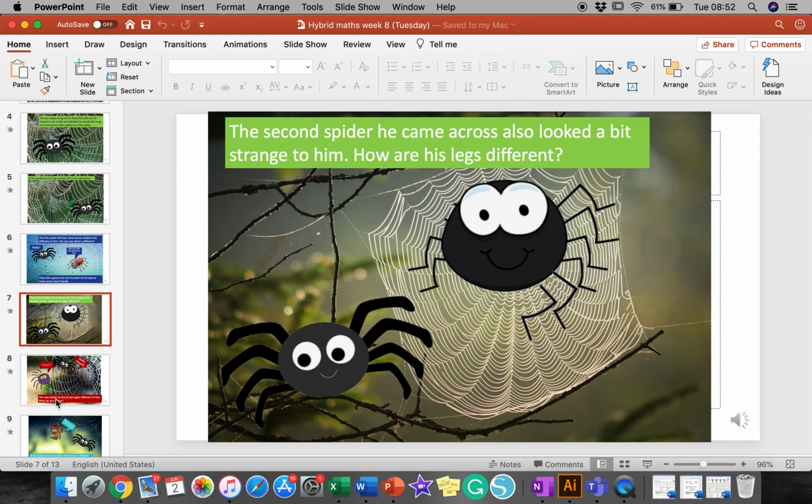The second spider he came across also looked a bit strange to him. How are his legs different? Look at his legs and see how different his legs are. Now, I want you to count his legs. He has 1, 2, 3, 4, 5, 6, 7, 8 legs.